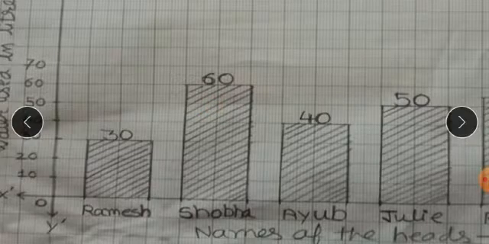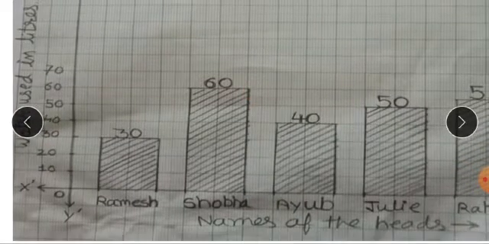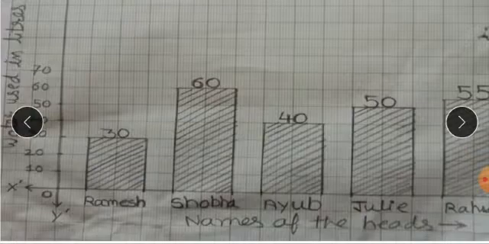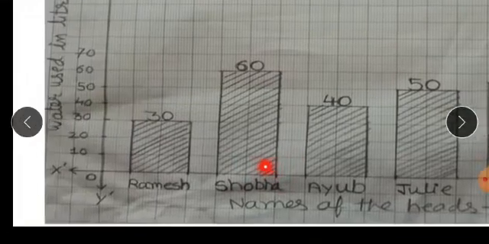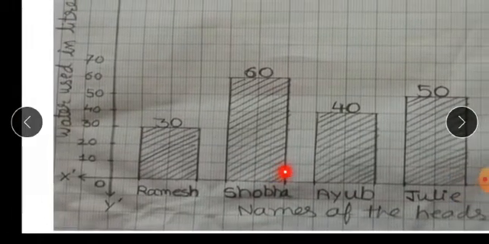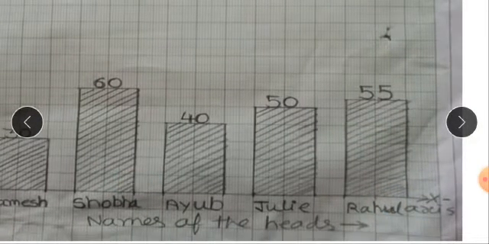The height of this rectangle or column is equal to 60 and the width of this column is equal to 2 boxes. Then Ayub's family uses 40 liters of water, which I have shown here. Then Julie's family uses 50 liters of water and I have shown this. And last one, Rahul's family uses 55 liters of water and therefore the height for this column is equal to 55.